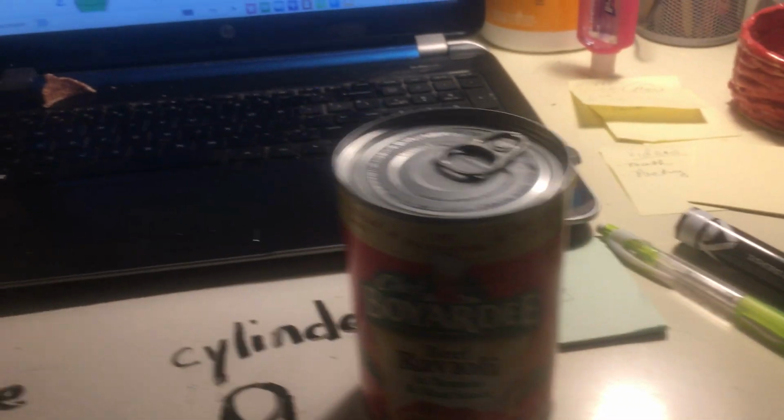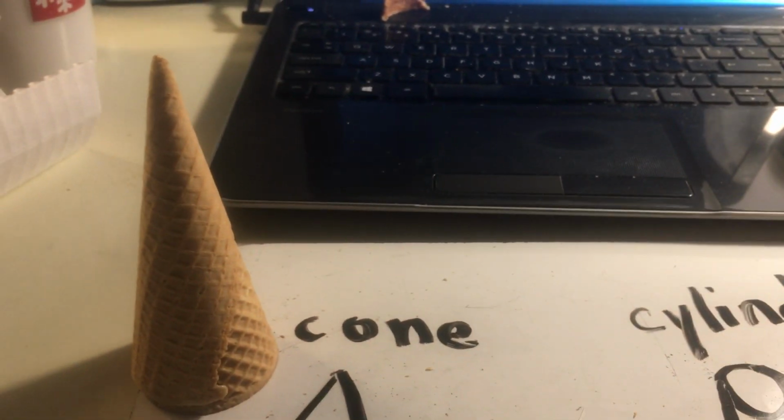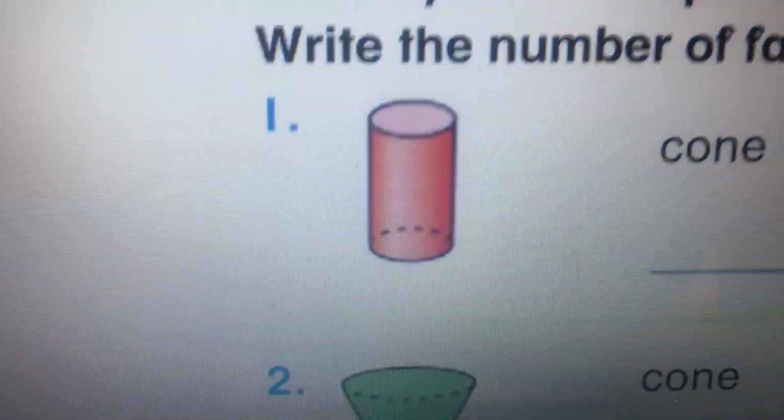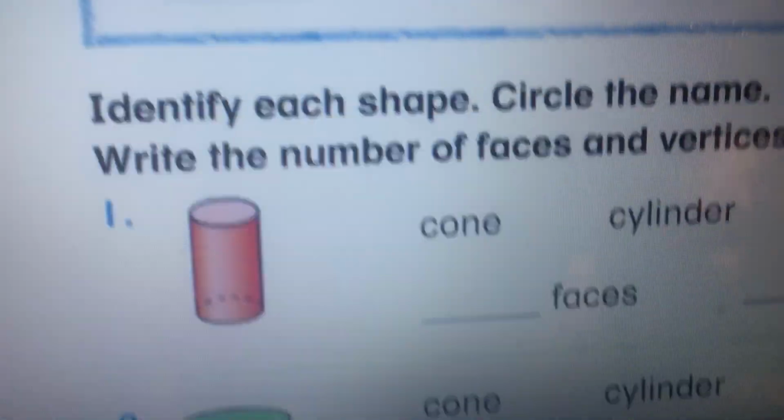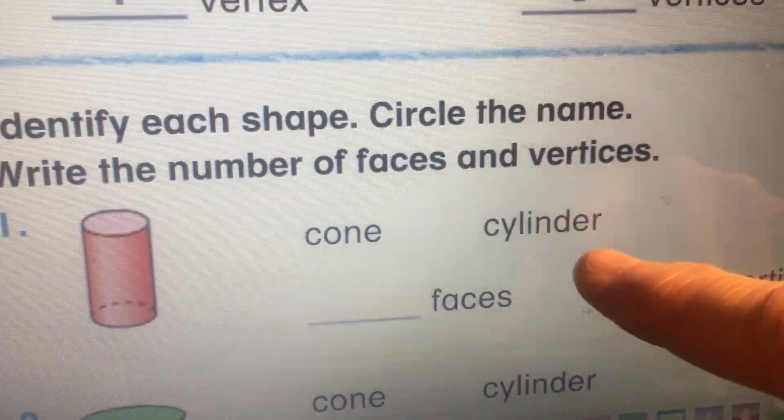Does this shape have a vertex or a corner? No, it does not, so it cannot be the cone. It must be the cylinder. So circle the word cylinder.